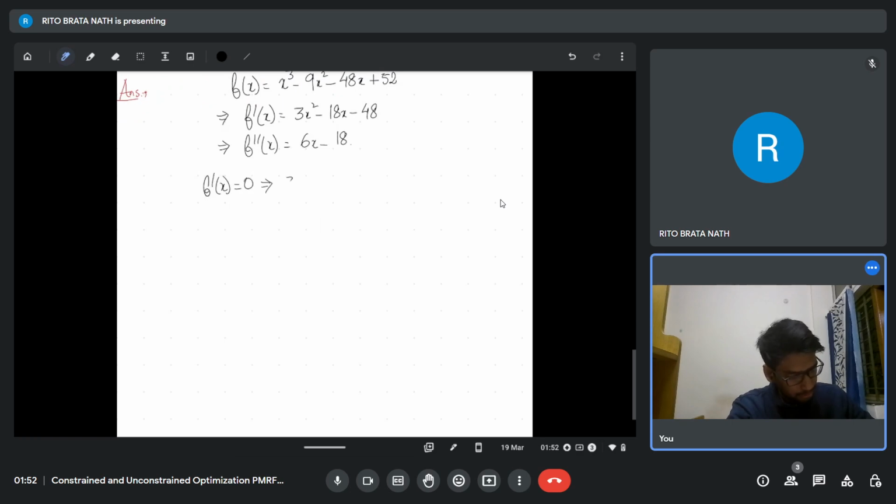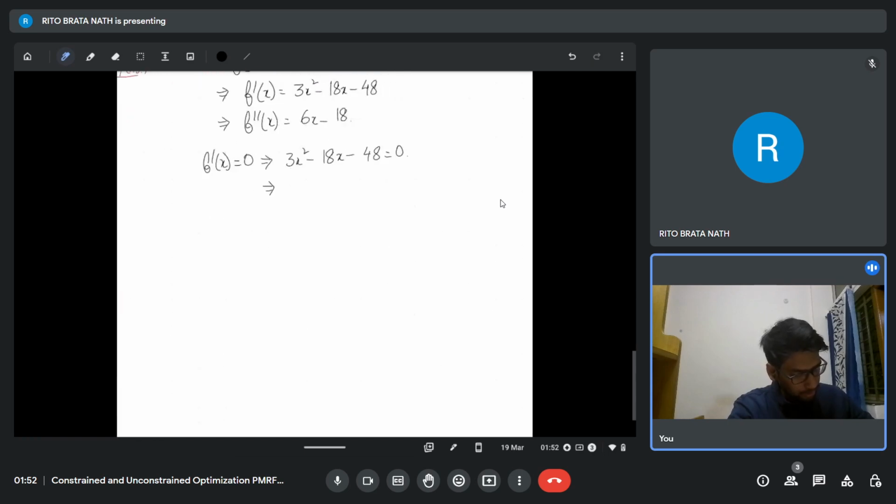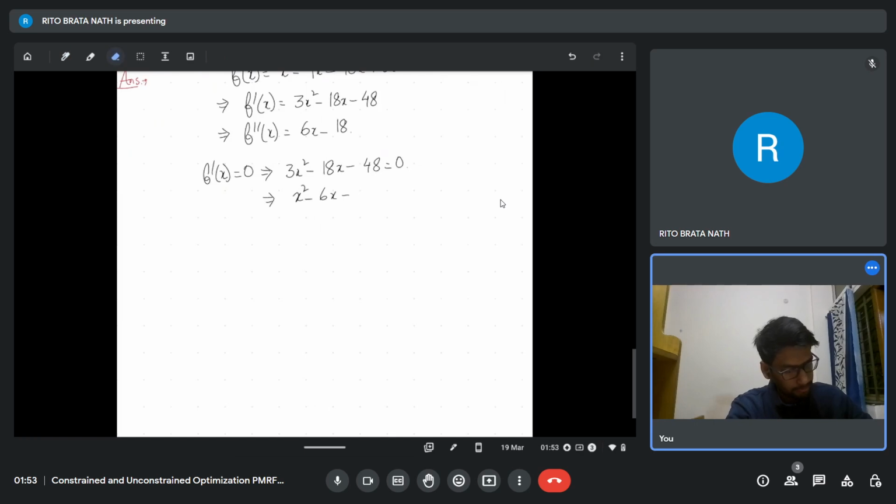Now set f prime x equals 0 to get the stationary points. So 3x squared minus 18x minus 48 is 0. You can take 3 out of it and we'll be left with x squared minus 6x minus 16, right?